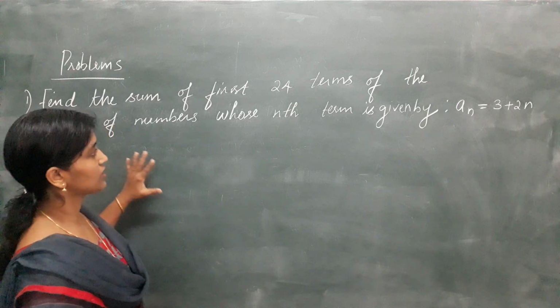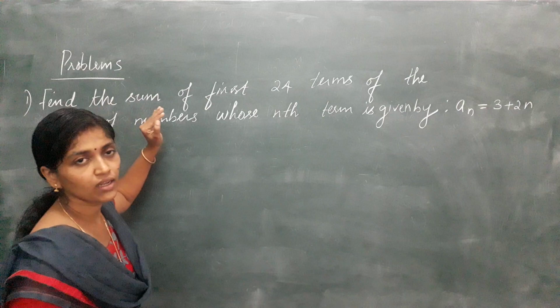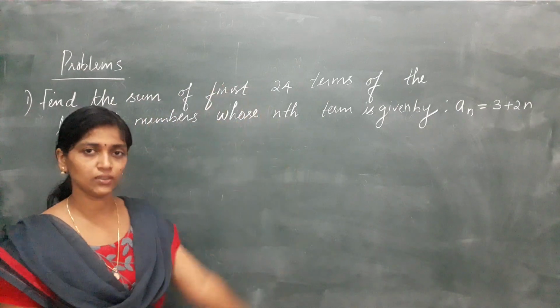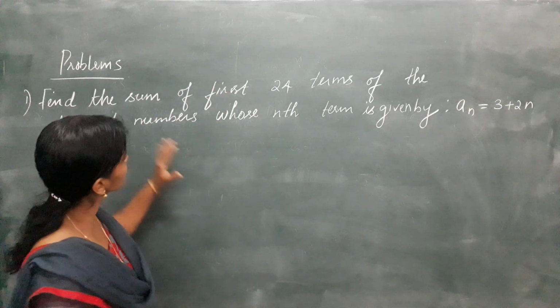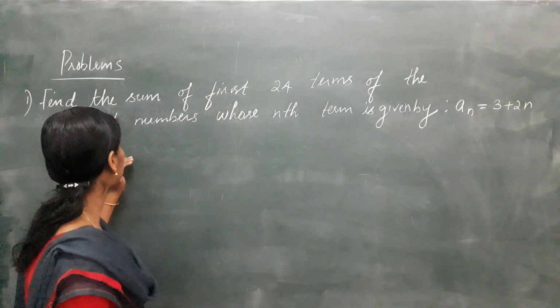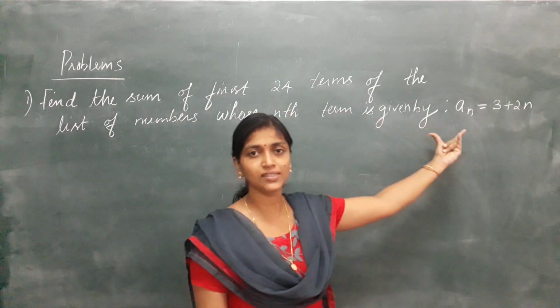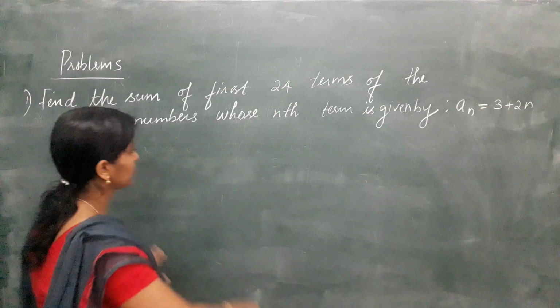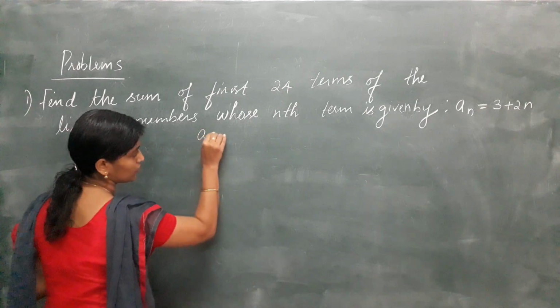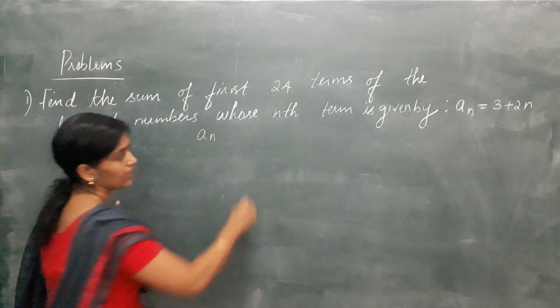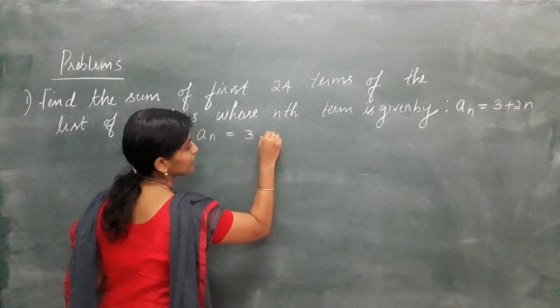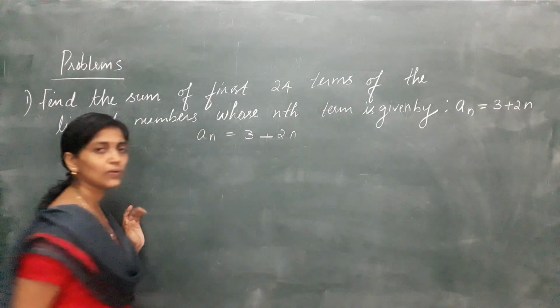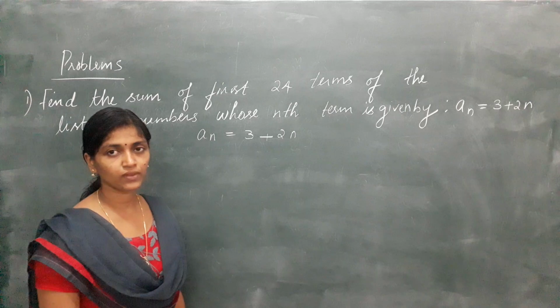In this question, we are asked to find the sum of first 24 terms, and what is given is the nth term, an is equal to 3 plus 2n. Only this is given in the question.